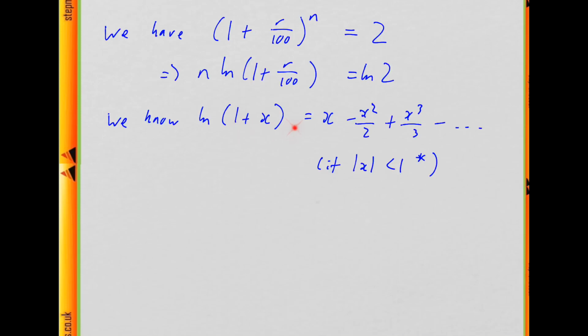So log of 1 plus x, I just wrote out the definition we're given, is x minus x squared over 2 plus x cubed over 3 minus x to the 4 over 4, etc. They didn't say this in the previous question, but I've said this happens if mod x is less than 1. I put an asterisk by this because it's not given to us, and also it isn't a necessary condition. We can also have x equals 1 and it will still work. But in particular this works whenever x is between minus 1 and 1.